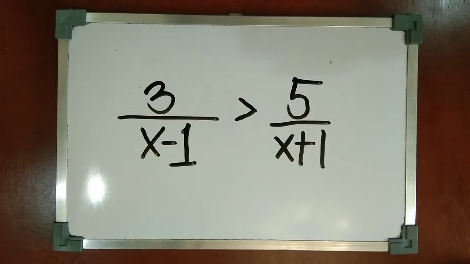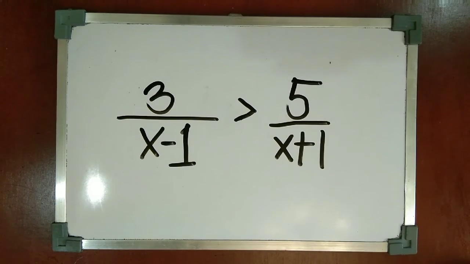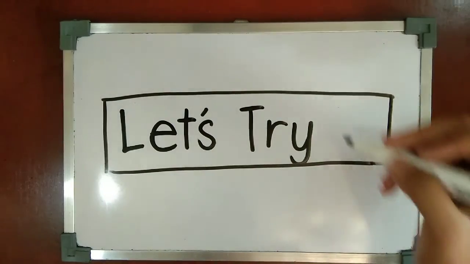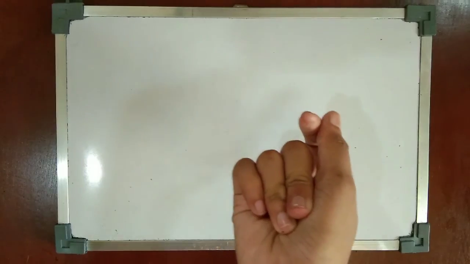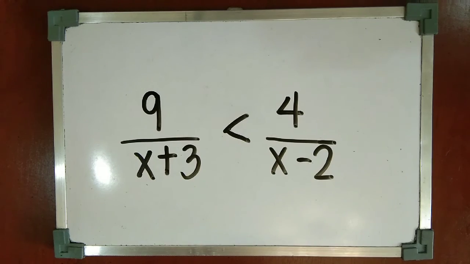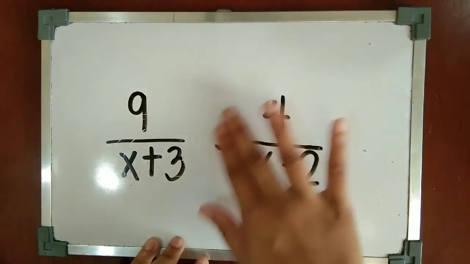For example, 3 over x minus 1 is greater than 5 over x plus 1 is a rational inequality. Let's try this: 9 over x plus 3 is less than 4 over x minus 2. Write the inequality in general form.